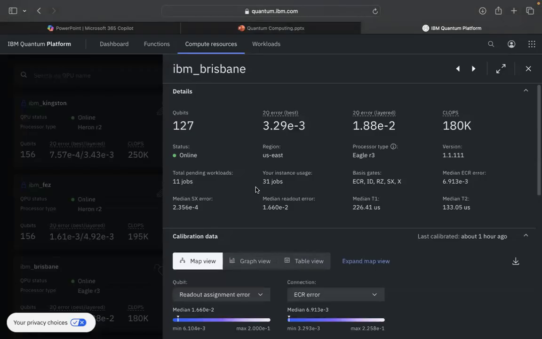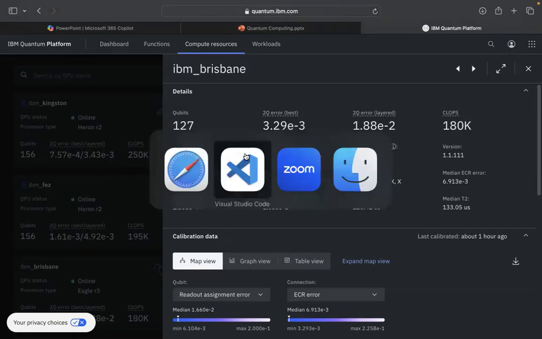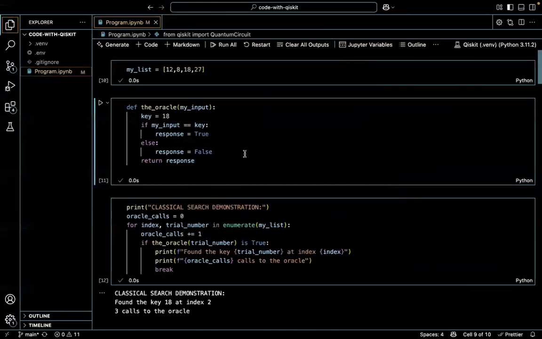We can see it is a 127 qubit quantum processing unit. So now we will also be making use of Qiskit, also provided by IBM, which is an open source Python-based software development kit for quantum computing.